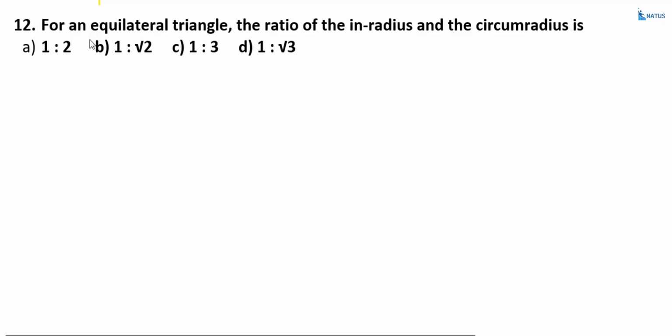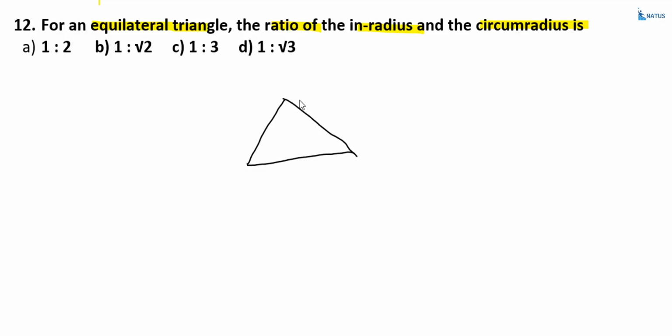Next question. For an equilateral triangle, the ratio of the inradius and the circumradius is? This is a straightforward question, and it is also a formula. Let us take an equilateral triangle. The inradius circle touches the sides of the triangle.